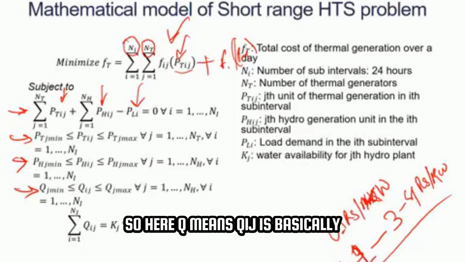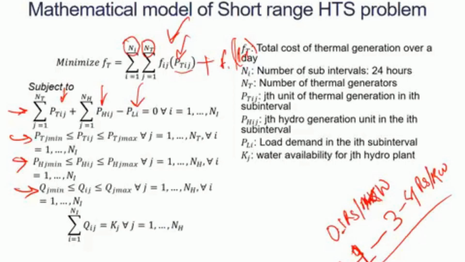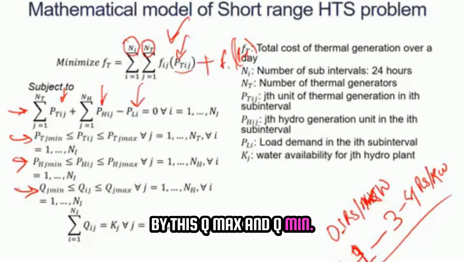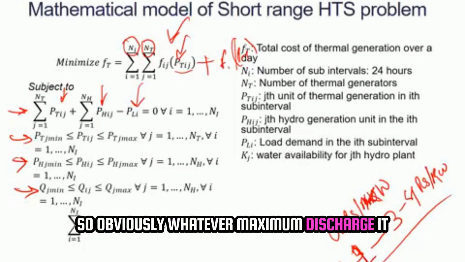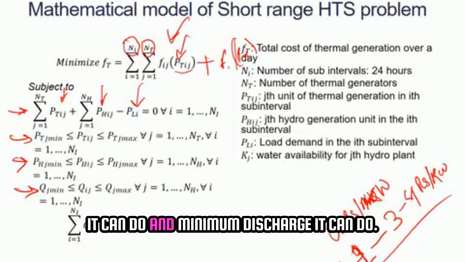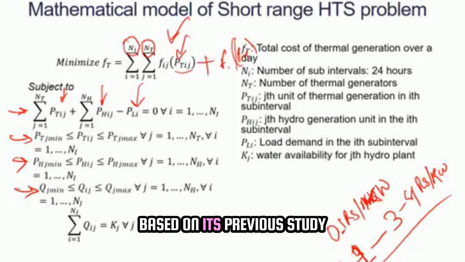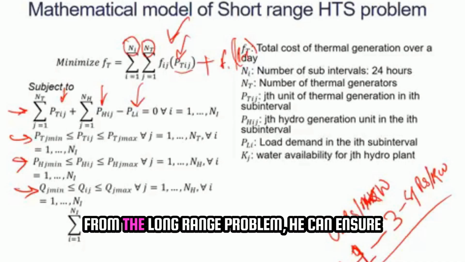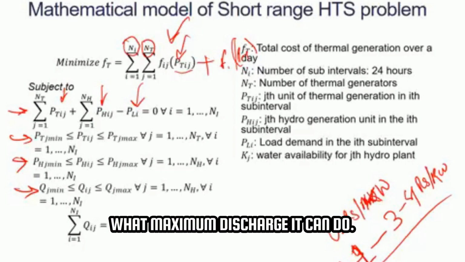Here Qij is basically the discharge of the water. The discharge should be limited by this Q max and Q min. Whatever maximum discharge it can do and minimum discharge it can do, based on its previous study from the long range problem, it can ensure what maximum discharge it can do.